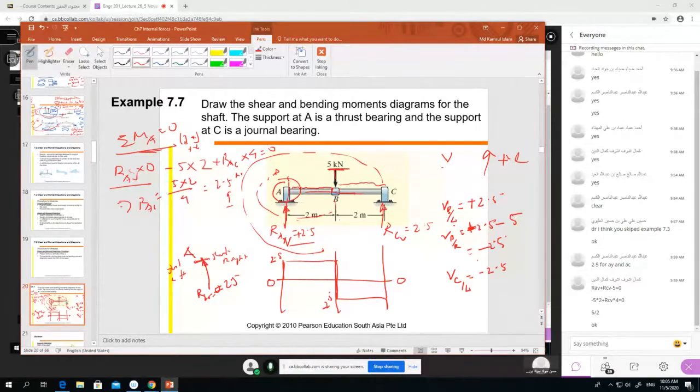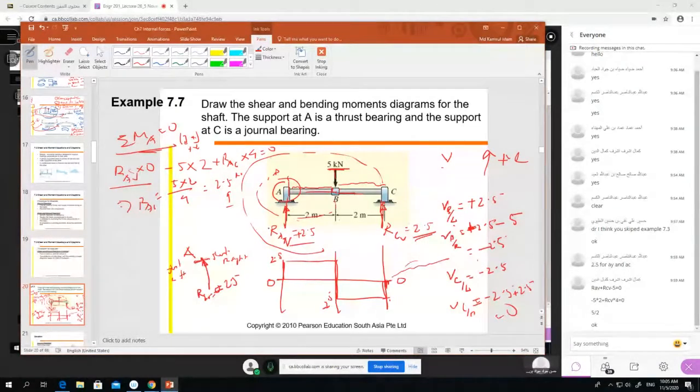Just as you cross to the right side of C, you are getting minus 2.5, and on the right side we find there is plus 2.5. So minus 2.5 plus 2.5 equals 0. From minus 2.5 we go to 0, and after that we have nothing, so we stop here, right?